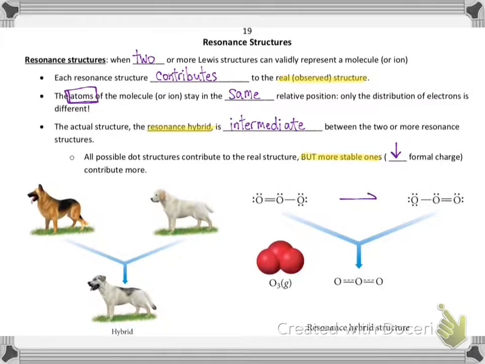So we usually will draw them both, and we'll put a double-sided arrow between them. Then, when you draw the final resonance hybrid, did you notice the bond? It's not a single bond, it's not a double bond, it's like a 1.5 bond. And actually, that's exactly what they say. This one would have a 1.5 bond order, because that's its average bond order between the 2 resonance structures.